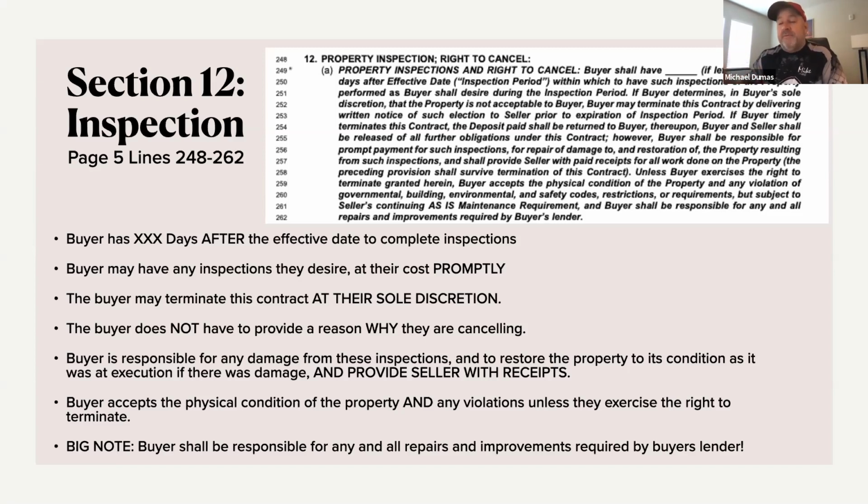And they have to provide the seller written receipts to show that those repairs were done. It says it right here again, line 257, shall provide seller with paid receipts for all work done on the property, okay? And this preceding provision shall survive the termination of this contract.